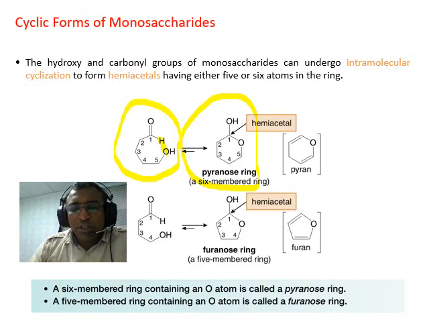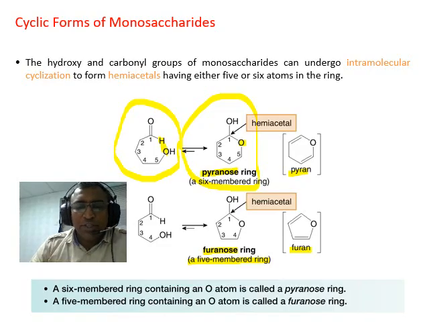It's not referred to as a 6-carbon ring structure, because there's also oxygen, and this 6-membered ring structure is known as pyranose or pyran, and we also have the 5-membered ring, furanose or furan.